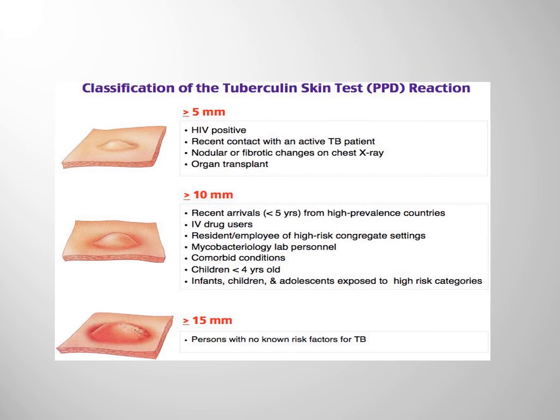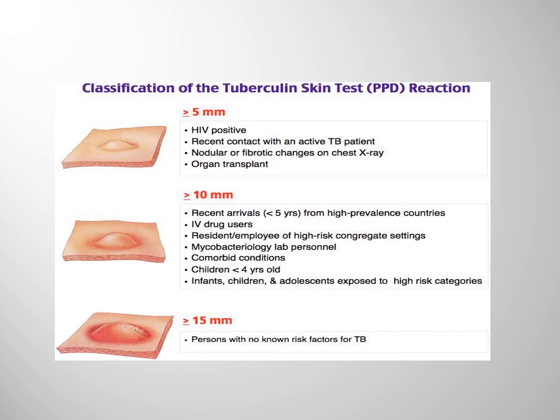Okay, so this slide is just showing you what is determined to be a positive test, depending on whether you have certain conditions, and usually it's relating to degree of immunosuppression. So for example, if someone has HIV or they're an organ transplant recipient, then anything greater than 5 millimeters, which isn't very big, of induration is considered positive.